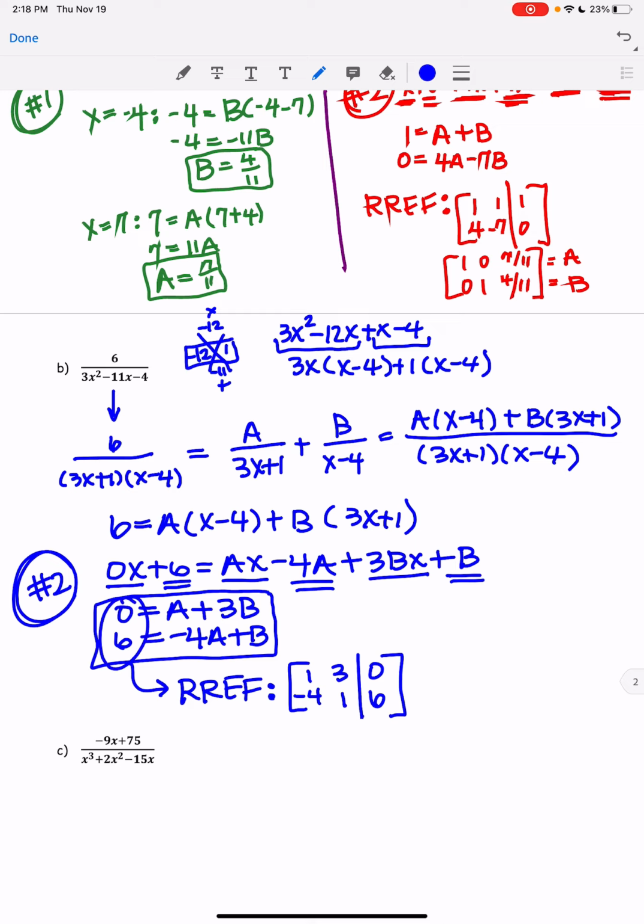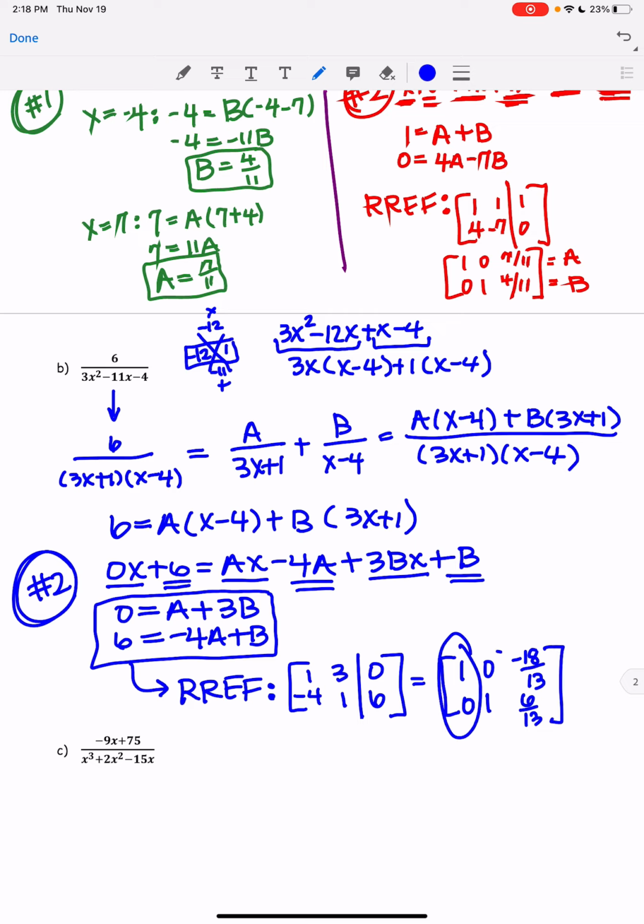So all of this has to come on the very right. Once you RREF, you're going to get decimals again. Once you get that decimal, you need a math and then arrow fraction. And the matrix you should get is 1, 0, negative 18 over 13, 0, 1, 6 over 13.